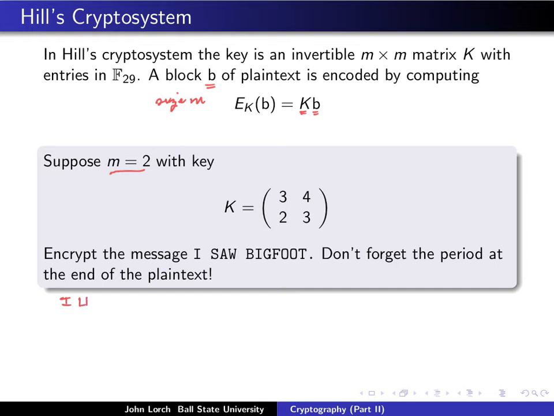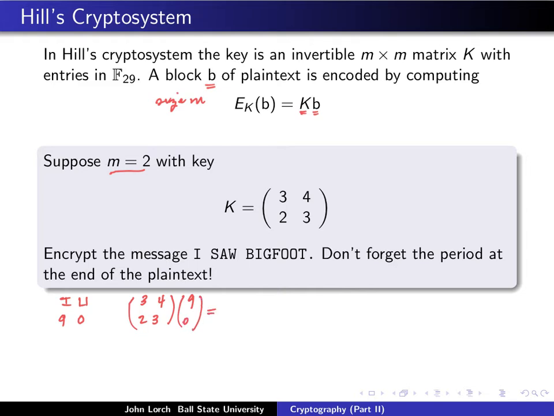Okay, so the letter I corresponds to the number 9, and the space character is the number 0. Therefore, to encrypt this, I take my key matrix, which is 3, 4, 2, 3, and multiply it by the string 9, 0.